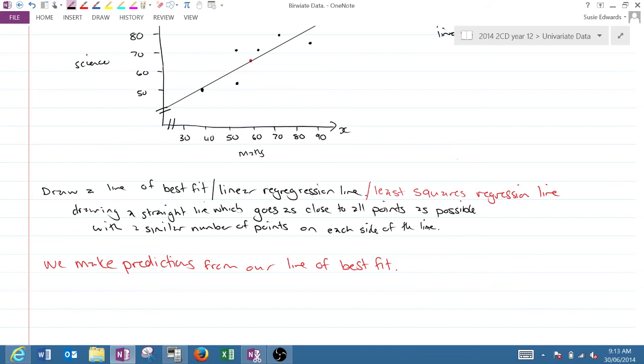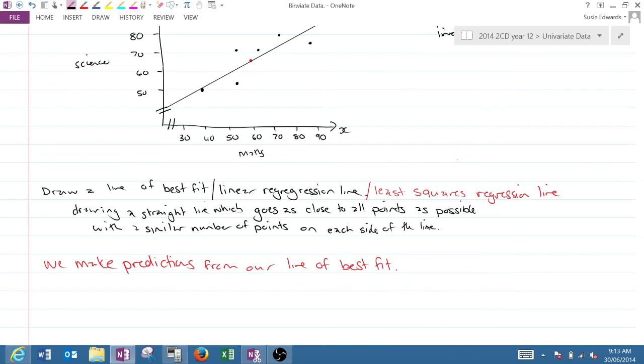So the next question in this test, the first couple of marks would be plot points in a scatter plot. Fourth mark would be draw a line of best fit. So that's 4 marks done. We've then got another 4 or so marks to go, and the first 2 are going to be about predictions.